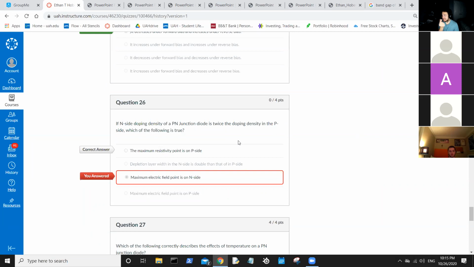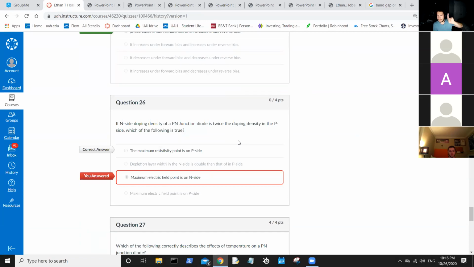The higher the density of a doping side, the less width it takes up, because in a given volume the more dense you are, the more of your stuff is in that volume. You have a higher concentration of carriers in a smaller volume. Therefore, the depletion layer width is not double on the N side. It's smaller.